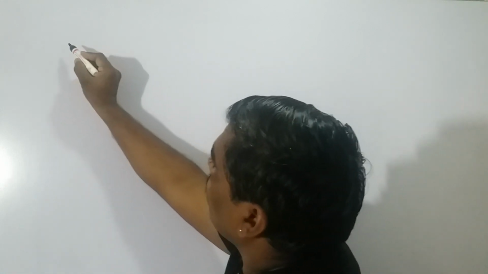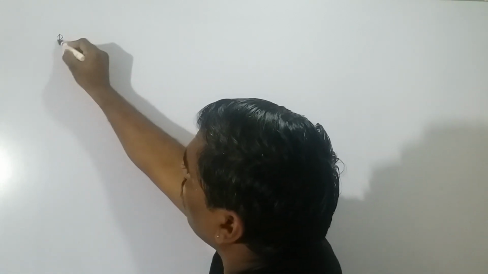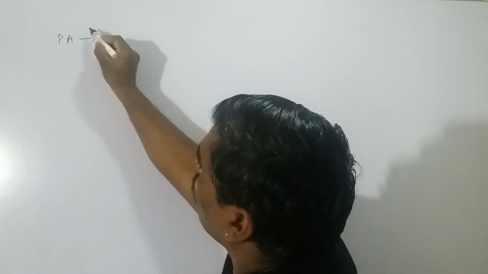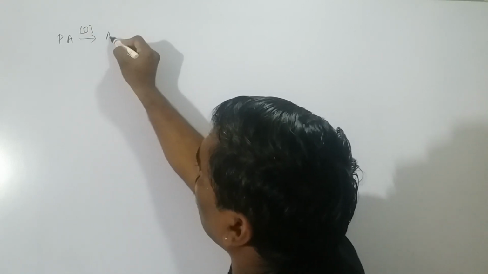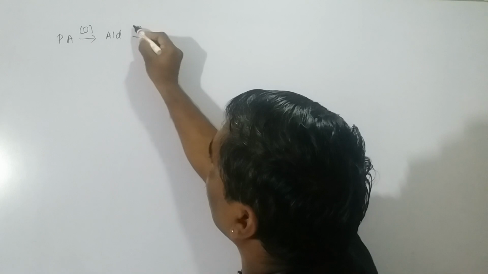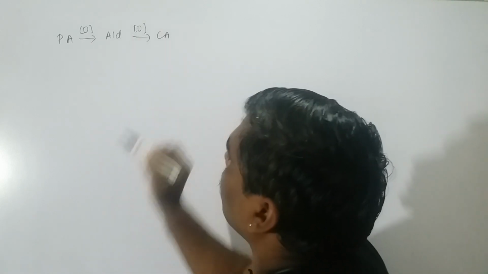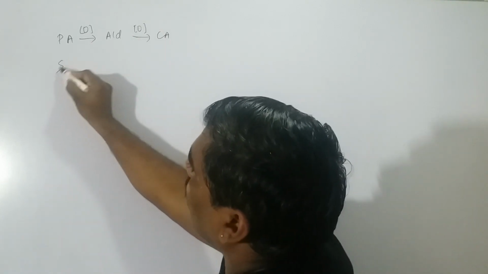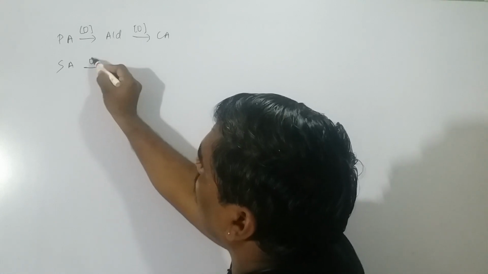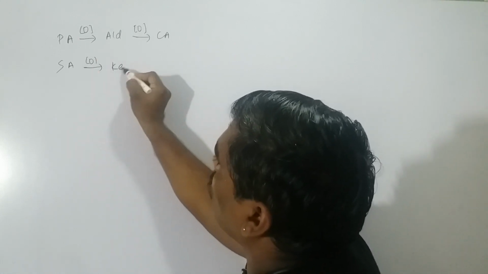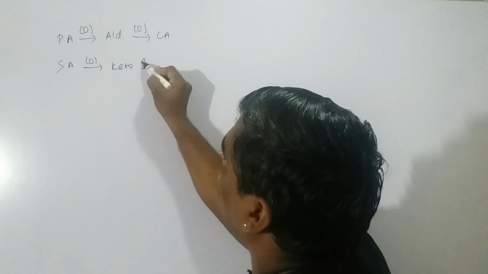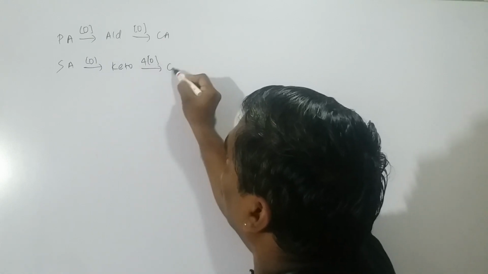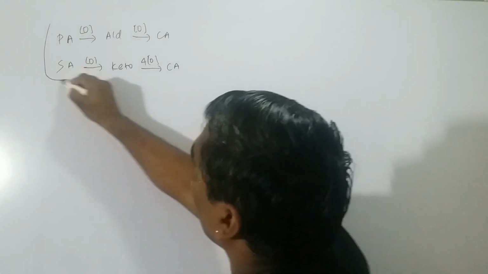Okay, I'll just write and keep here: primary alcohol on oxidation gives aldehyde, aldehyde gives carboxylic acid, and secondary alcohol gives ketone, and ketone on vigorous oxidation gives carboxylic acid.